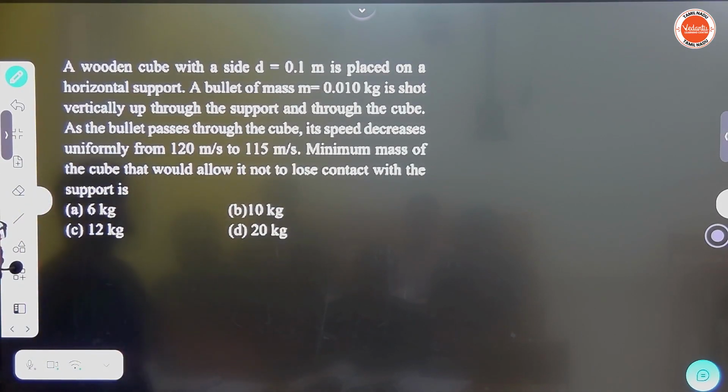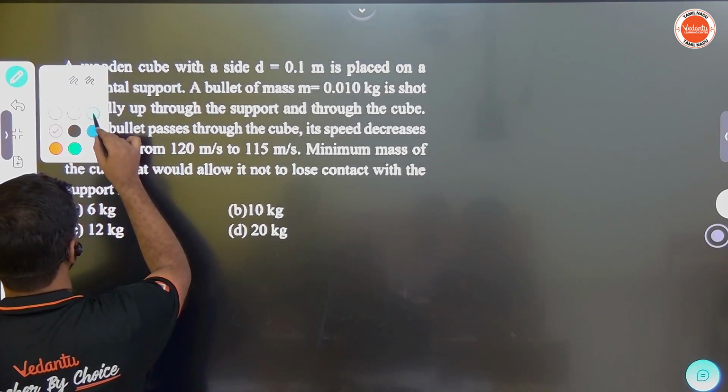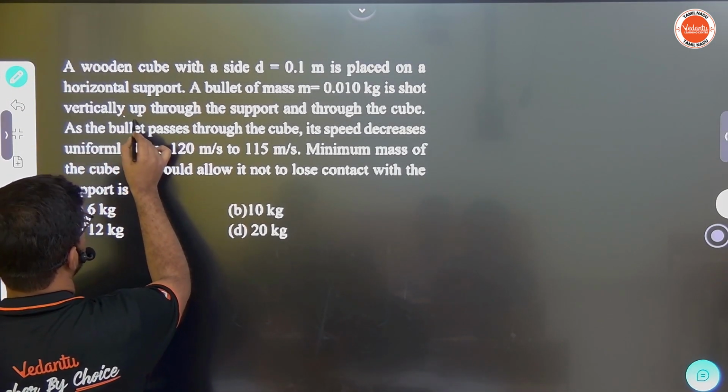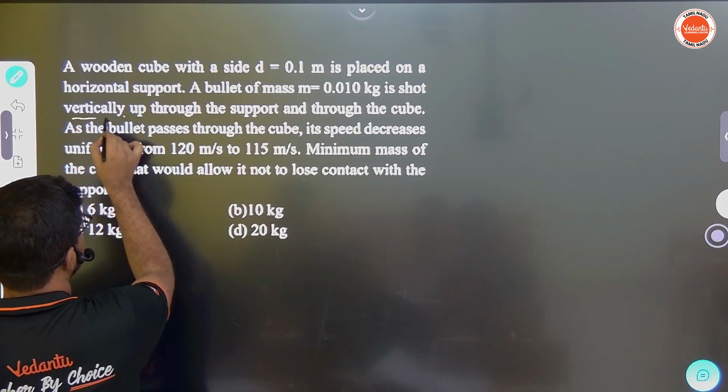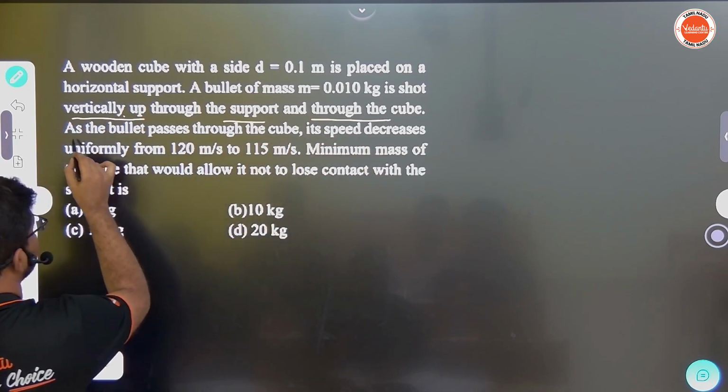Right. Look at this one. A wooden cube with a side d equal to 0.1 meters is placed on a horizontal support. A bullet of mass m equal to 0.010 kg is shot vertically up through the support and through the cube.